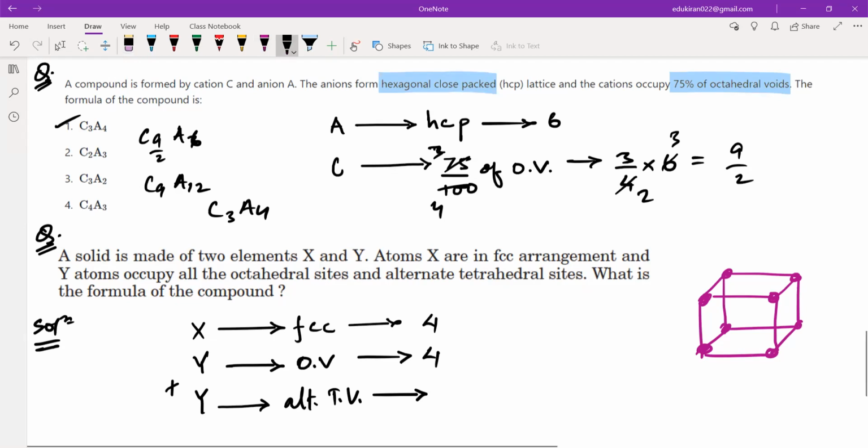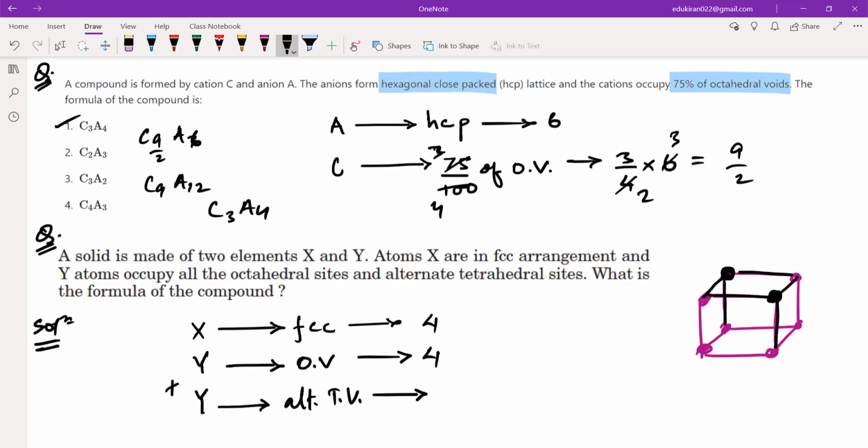So if I pick one of these corners, there will be only 2. So I can't pick this one, I can't pick this one, I can't pick this one. Then which one can I pick? The opposite one. This one I can pick, right? After I'm done with this, I can't pick this, and I can't pick this. Then what else can I pick now? The side one.